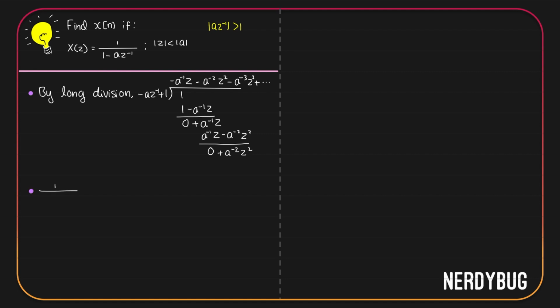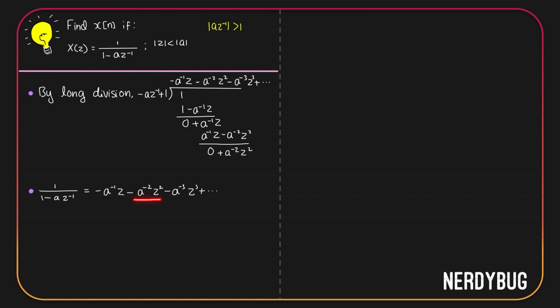So we can write 1 by 1 minus a z inverse, if magnitude of z is less than magnitude of a, will be equal to minus a inverse z minus a raised to minus 2 z square minus a raised to minus 3 z cube plus up to infinite terms like that. Let us check the region of convergence. This is a geometric progression. Its first term is minus a raised to minus 1 z.